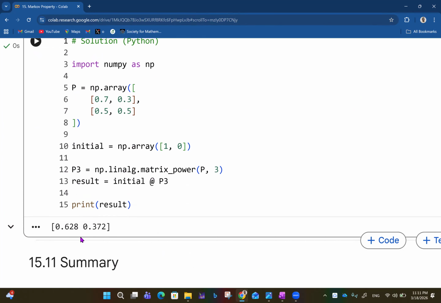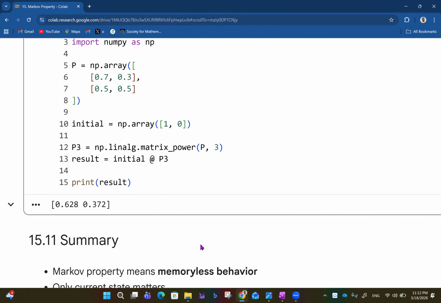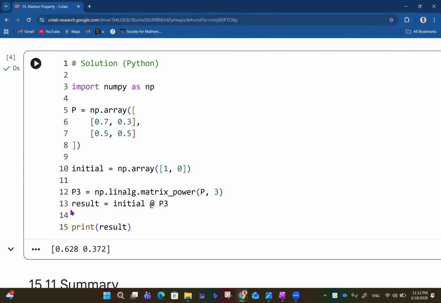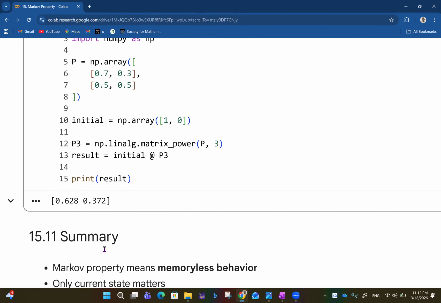If this state represents sunny, rainy, then after three steps the probability that the weather will be sunny is 0.628, while the probability that it will be rainy is 0.372.